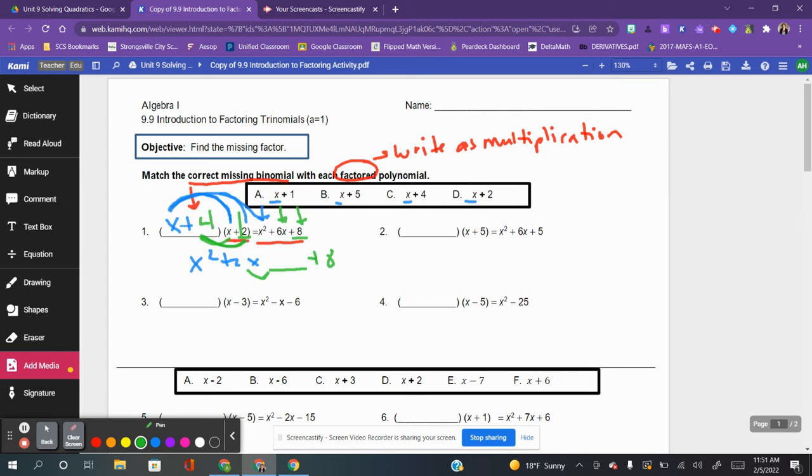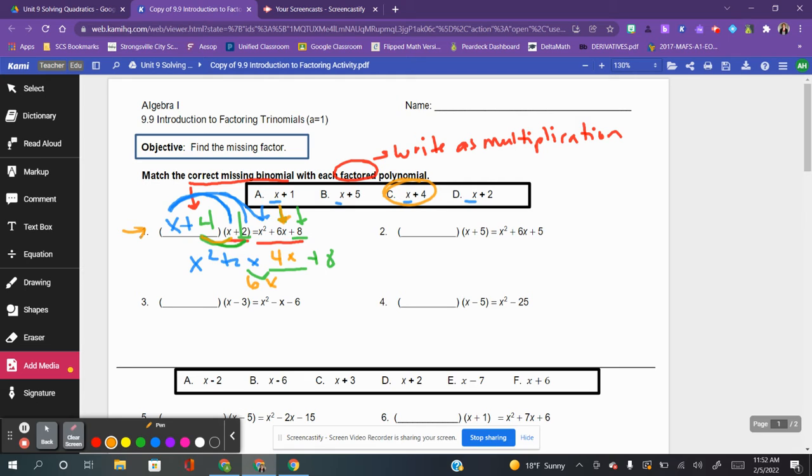Well, 2 times 4 gives me 8, which means that if I come back here and do my check, 4 times x, I would get 4x. If I combine those, I get that 6x in the middle, and so it matches. And x plus 4 happens to be a choice. So if I multiply x plus 4 times x plus 2, I get x squared plus 6x plus 8. In other words, factors of x squared plus 6x plus 8 would be x plus 4 and x plus 2.